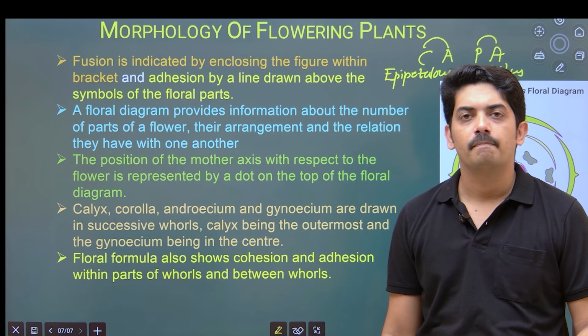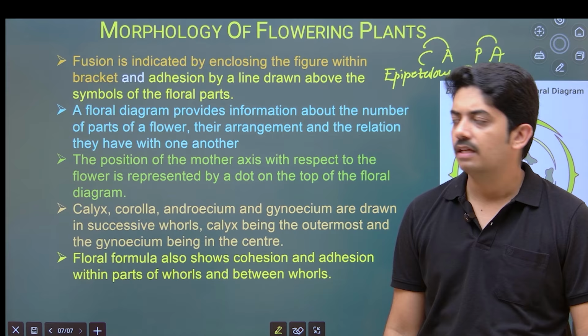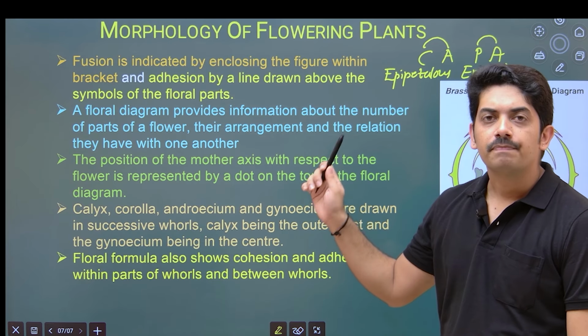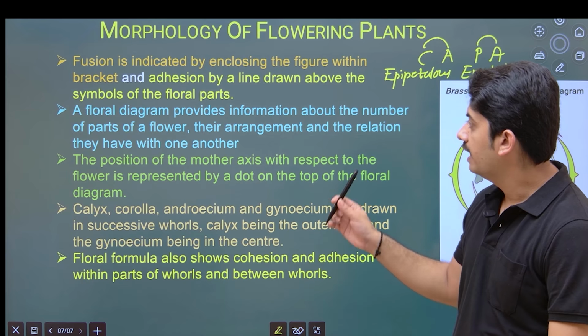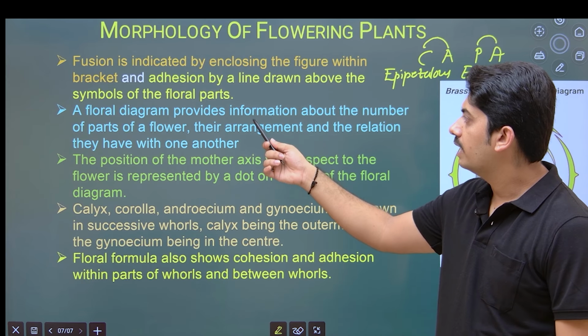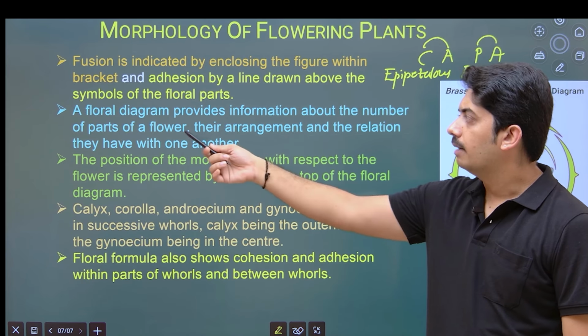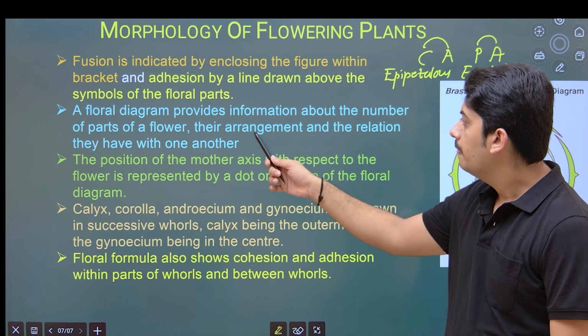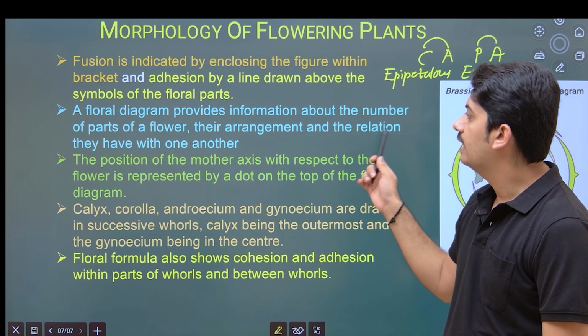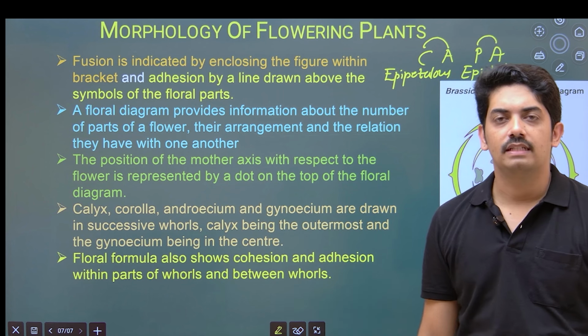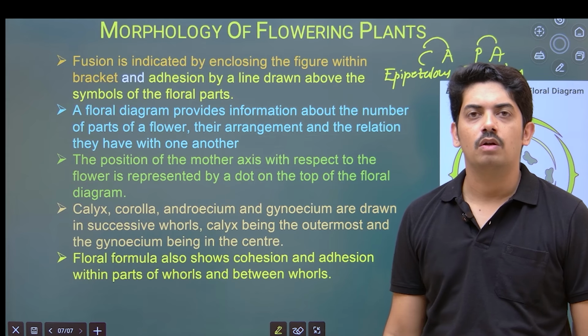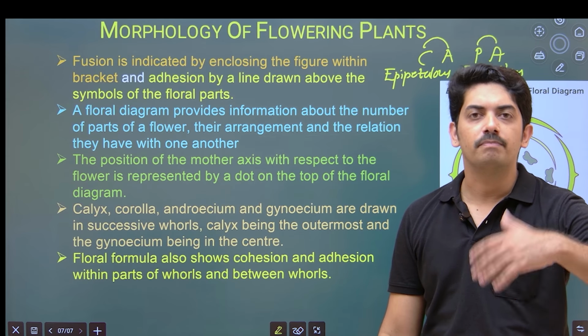Perianth is present, then it is represented as P. So similarly, the floral diagram and floral formula give very important information about the number of parts of the flower, their arrangement and the relations they have with one another, whether there is a cohesion condition or it is originating from the petals.